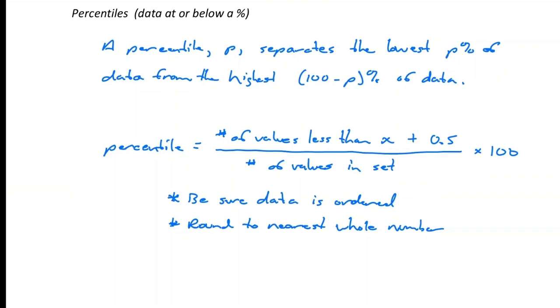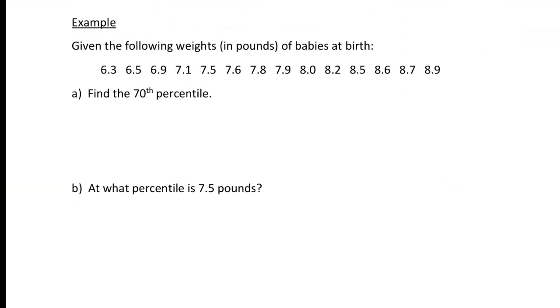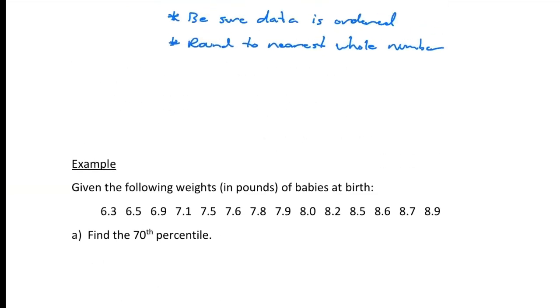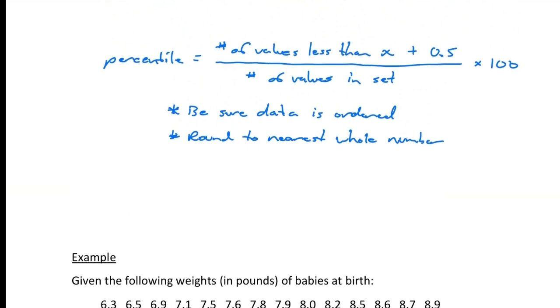So if we take a look at an example, it says, given the following weights in pounds of babies at birth, find the 70th percentile, and then at what percentile is 7.5 pounds. I'm actually going to do these in reverse order. We're going to start with B and then come back to A, because B is just a direct use of this formula. And then we're going to come back and do A, and I'm going to give you a different formula that basically just reverses the process.